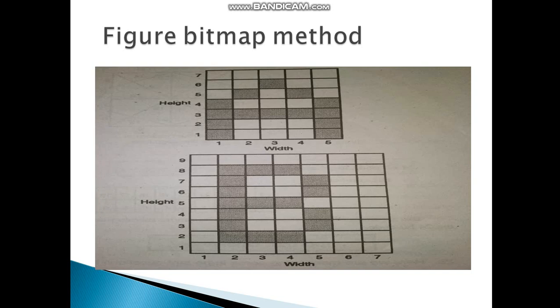Okay, so here is the figure of bitmap method. In this, here are 5 columns and 7 rows. So height is 7 and width is 5.